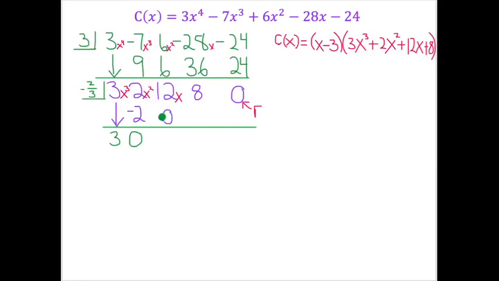And then we add vertically. 12 plus 0 is 12. And then we multiply diagonally. Negative 2/3 times 12. Well, that should come out to negative 8 because we know that this is a 0. Our remainder should be 0.